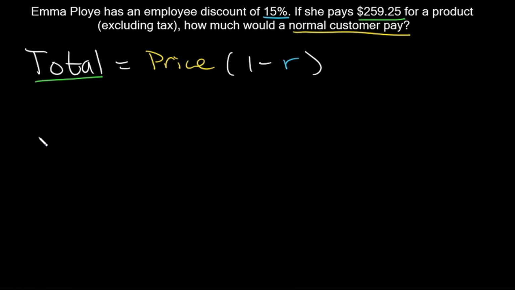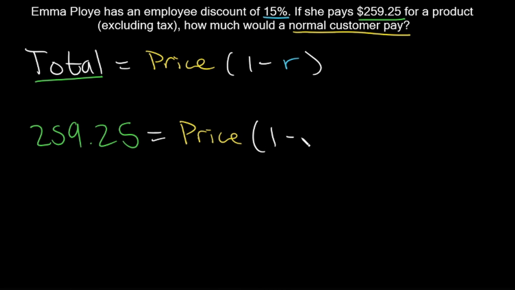So let's plug all this in. We have $259.25. Set that equal to the original price, which we don't know, and then 1 minus 15%, but remember, it needs to be as a decimal, so 15 divided by 100, you just move the decimal point over twice, so 1, 2, it's going to be 0.15.